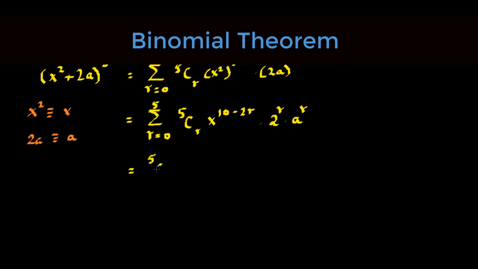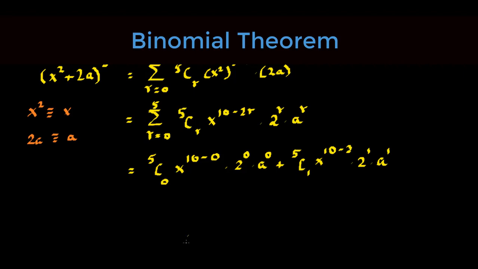So this is 5c0 x raised to the power 10 minus 2 times 0, which is 0. So this is 2 raised to the power 0 and a raised to the power 0, plus 5c1 x raised to the power 10 minus 2 times 1, so we'll simply write 10 minus 2, 2 raised to the power 1 times a raised to the power 1.